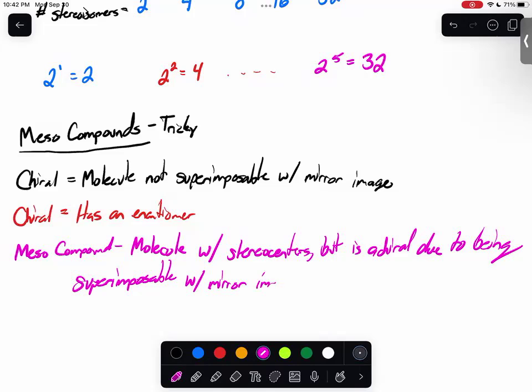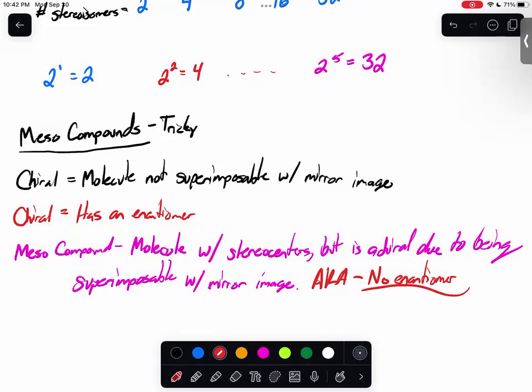Which at first sounds really strange. But essentially, what we're saying about a mesocompound is that, AKA, it has no enantiomer. And I think this definition right here is really useful whenever you're thinking about this exact idea.